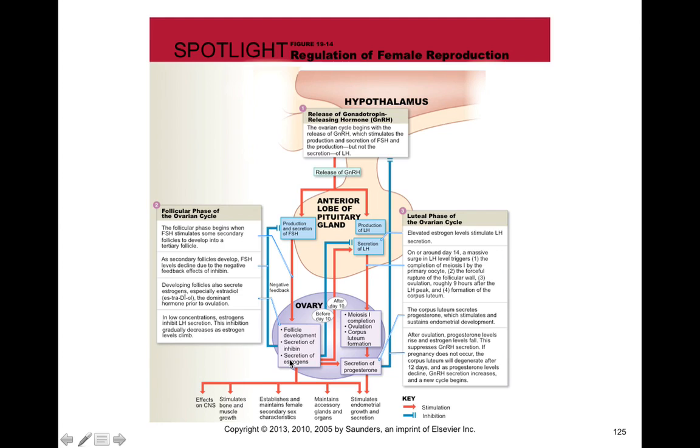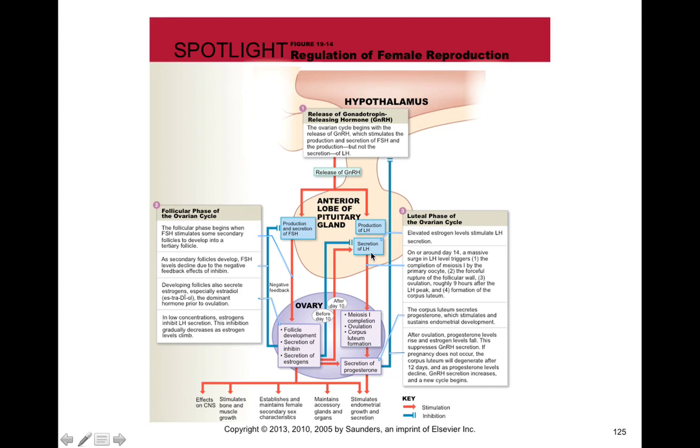Now, what's interesting too is that estrogen also stimulates the secretion of progesterone, and this progesterone helps basically stimulate growth of the endometrium as well. Now, as these follicles start to grow larger and larger, at high concentrations, estrogen after day 10 actually has a stimulatory effect on luteinizing hormone. So once you get enough estrogen, because the follicles have grown large enough, then estrogen actually stimulates the release of luteinizing hormone.